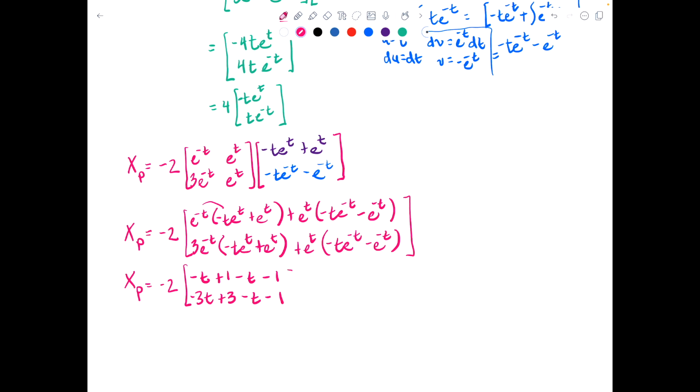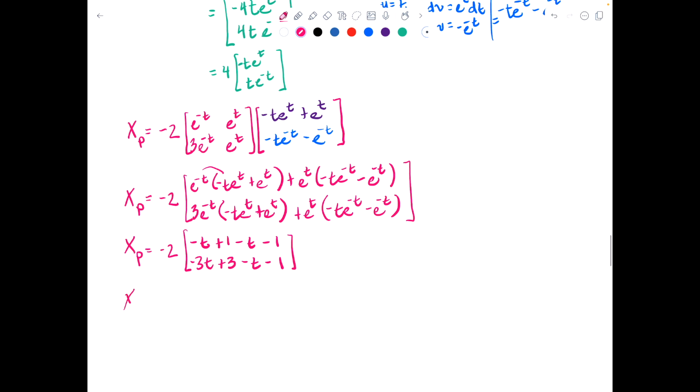Okay, so xp will be equal to negative 2 times. We'll have a negative 2t, and then the ones will zero out in the top entry. The bottom entry will have negative 4t plus 2.